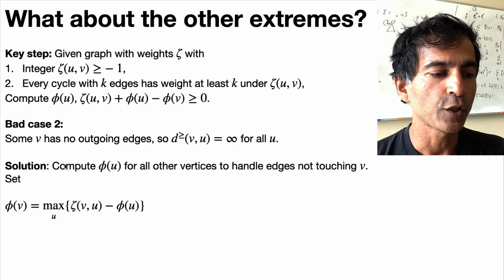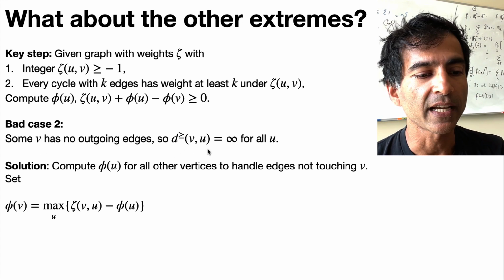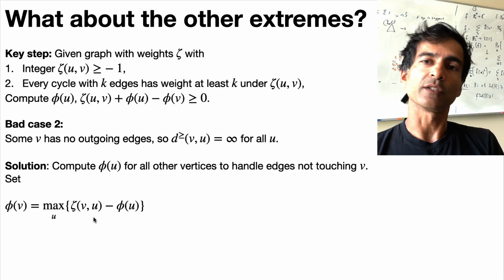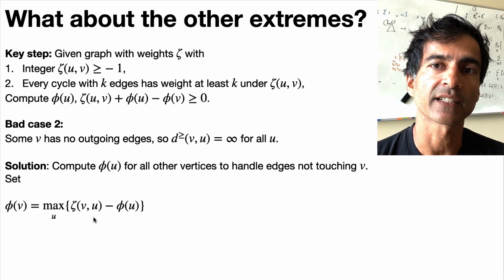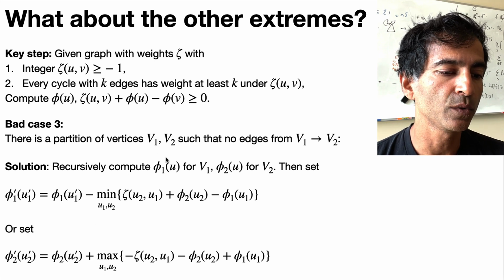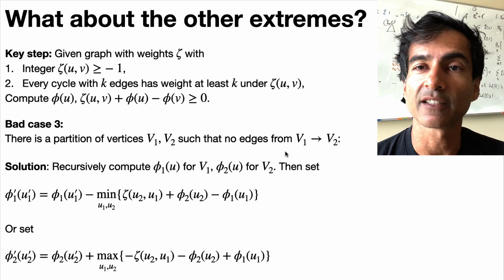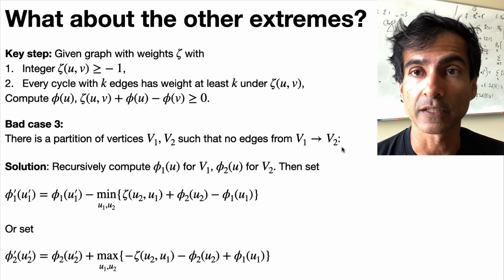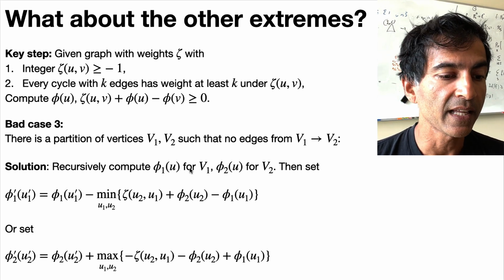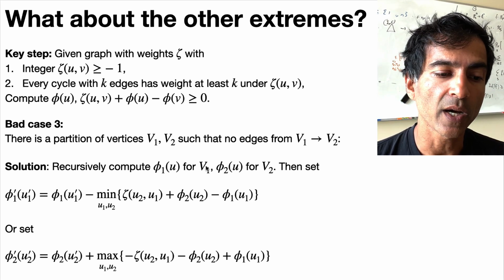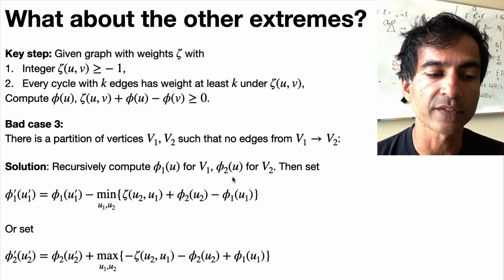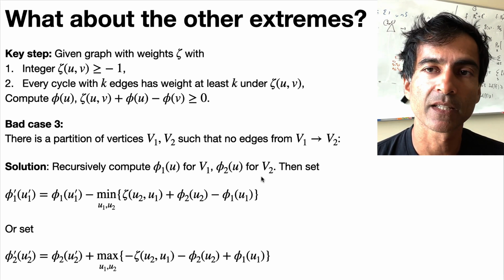In the same way, if you have a v which has no outgoing edges, you can do something similar. Compute the phi values for everything else, and then you can set the phi value for this vertex. More generally, if you have two sets of vertices V1, V2, such that there are no edges going from V1 to V2, then you could compute phi1 on V1 and phi2 on V2.